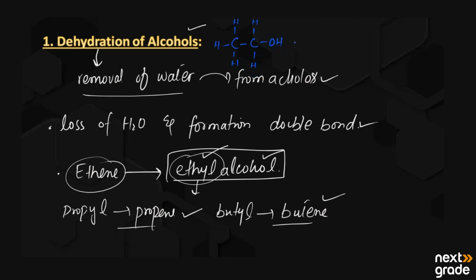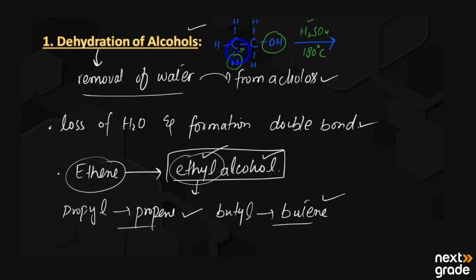We will use the dehydrating agent H2SO4, and the temperature will be 180 degrees Celsius. When these conditions are applied on the ethyl alcohol, there is a removal of water: OH from this carbon and the hydrogen from the adjacent carbon.